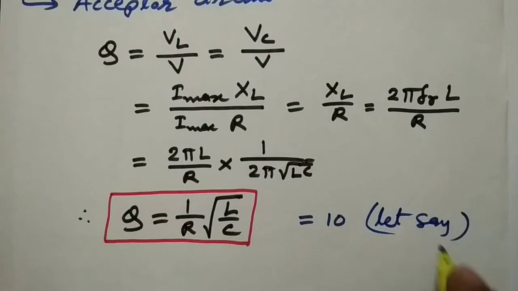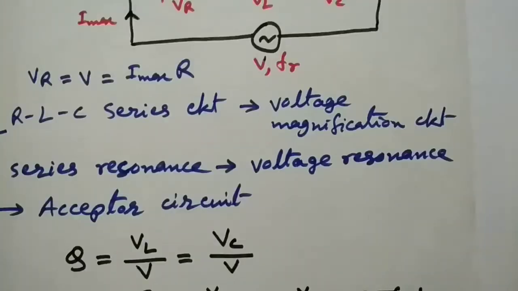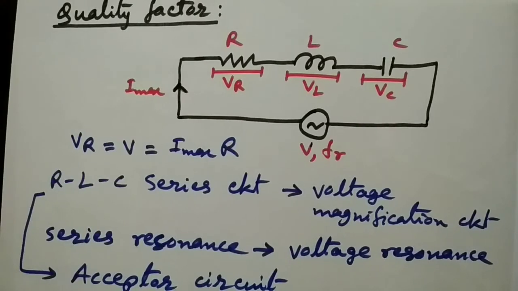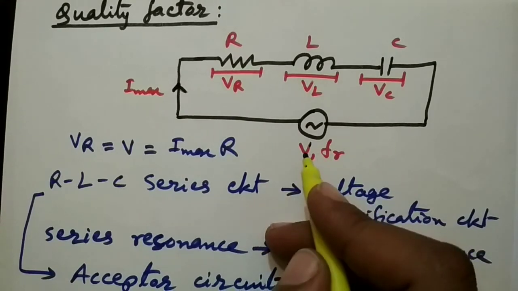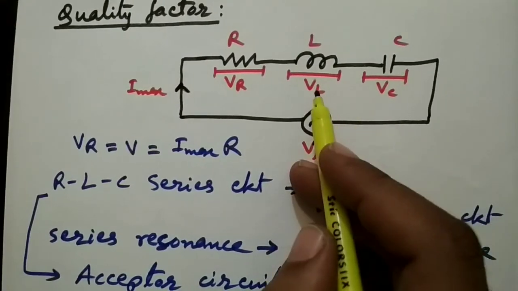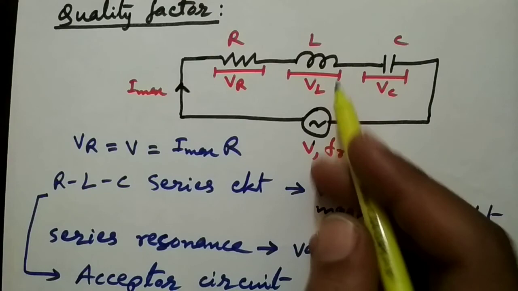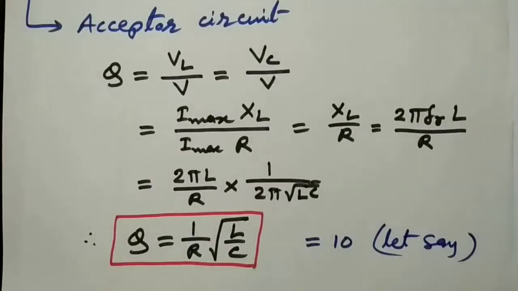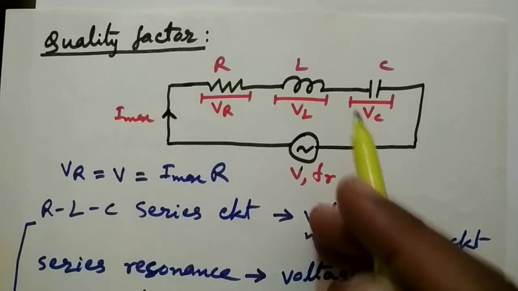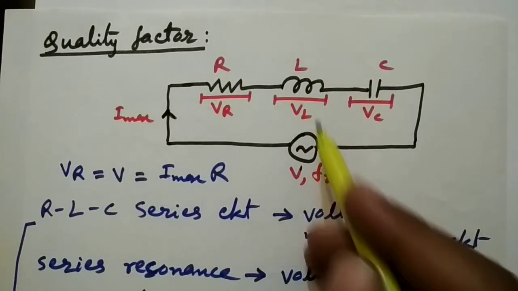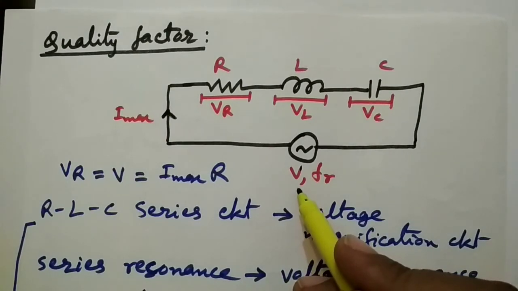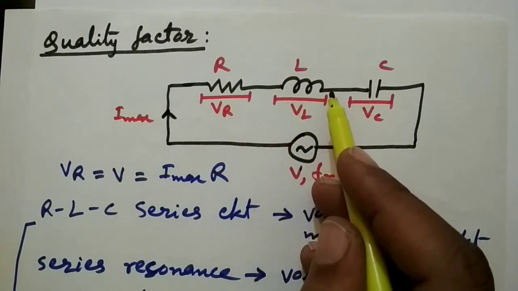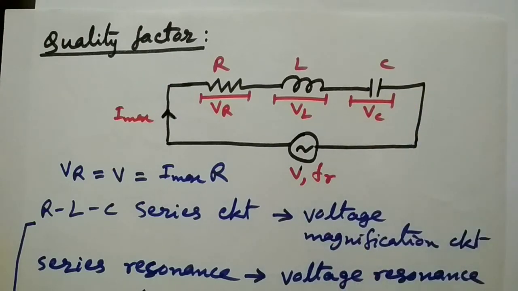That means during resonance condition, the voltage drop across the inductor will be 10 times more than the supply voltage. So quality factor 10 means the voltage drop across the inductor will be 10 times more than the supply voltage. And this voltage drop can be used as a source for another circuit also.